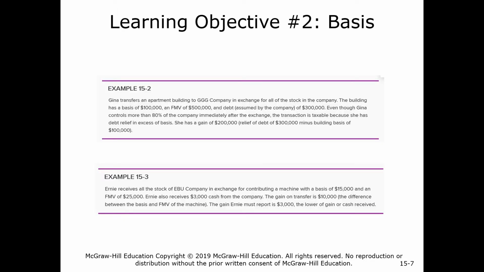So we have two examples here. We have Gina, who transfers an apartment building to a company upon formation. Her basis is 100,000. The fair market value on the date of the transfer is 500,000, and there is a debt that will be assumed by the company of 300,000.